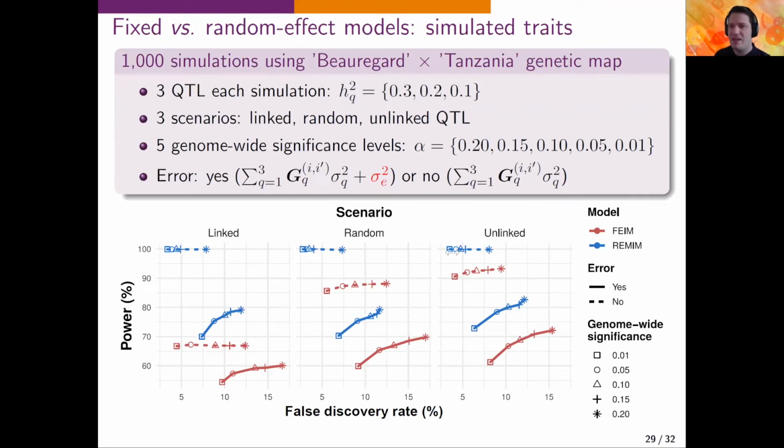So with the REMIM model, we've been using a genome-wide significance level of 5%, which provides a relatively good power while keeping FDR lower than 10%, right? Of course, you can imagine that the downside of a multiple QTL model is the computational time, because you have to go through all those steps.